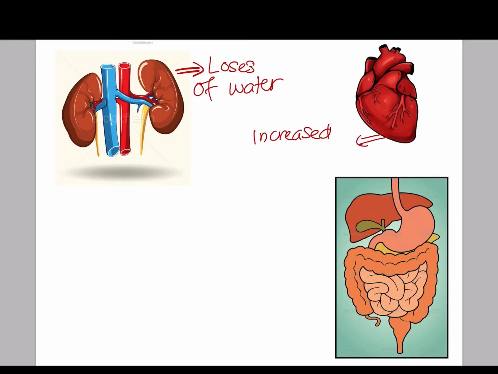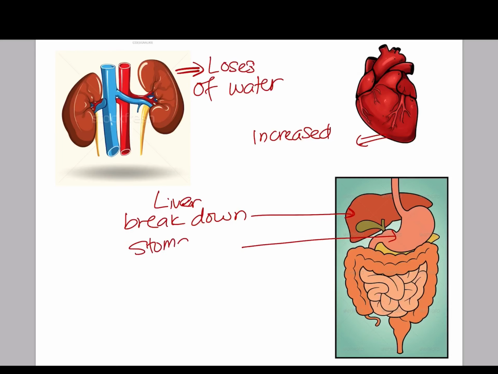Next, the liver. The top part over here is the liver. The liver will break down a higher amount of alcohol per hour. Next, the stomach. This is the stomach.